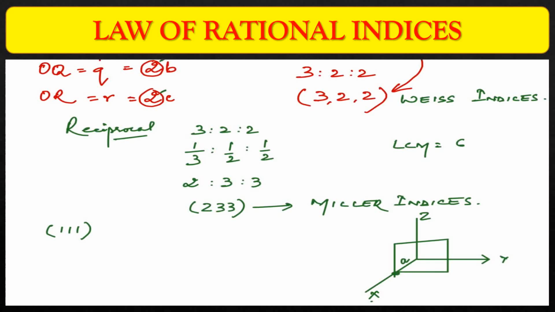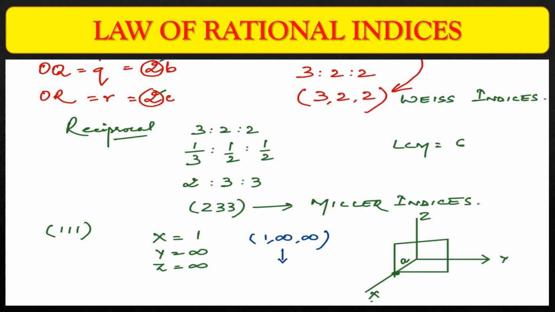So in such a case, the unit intercept along the x-axis is 1. Along the y-axis it will be taken as infinity, whereas along the z-axis also it is taken as infinity. So the Weiss indices will be 1, infinity, infinity. And what about the Miller indices? Miller indices are the reciprocals of the Weiss indices.